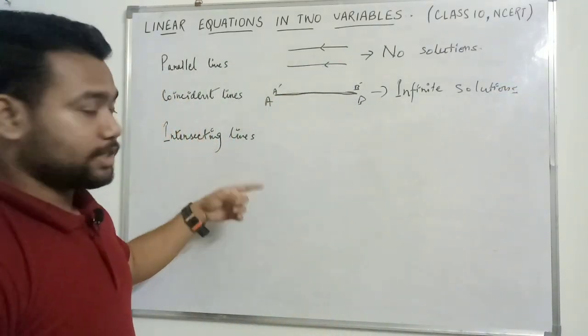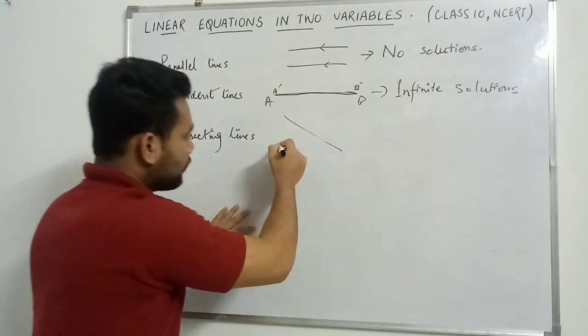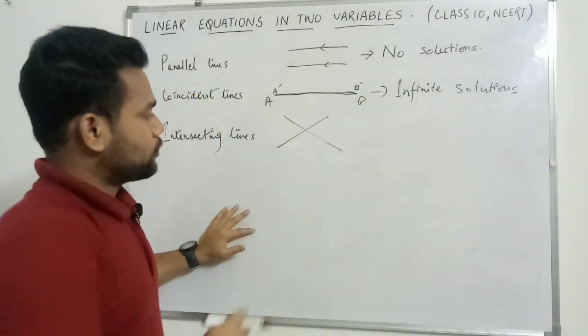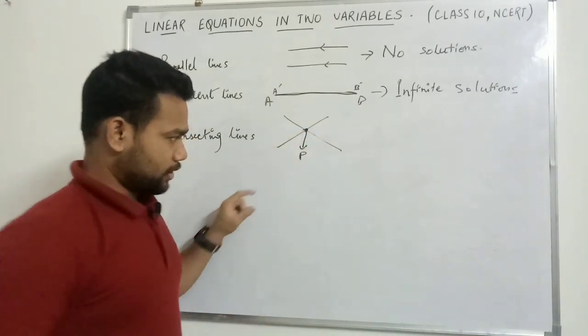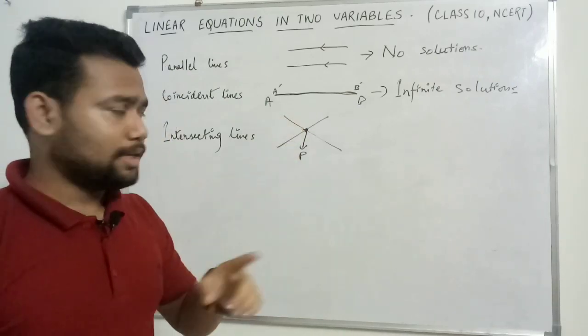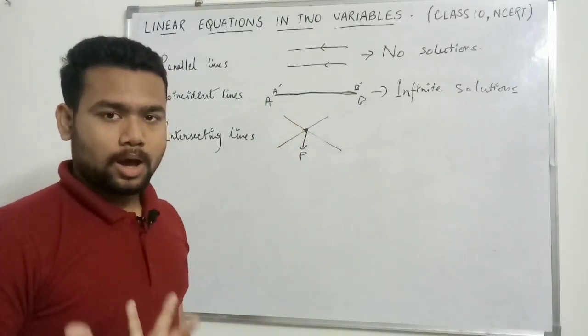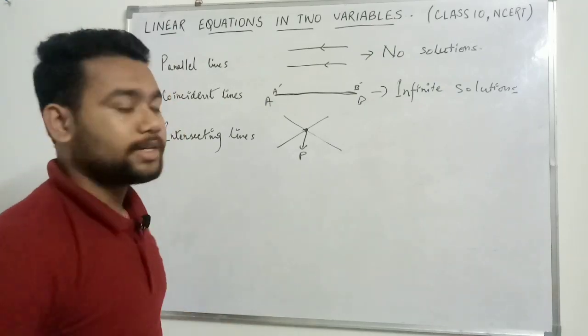So let's go for the intersecting lines. Suppose this is a line and this is another. Intersecting means the intersecting point is here, right? So how many roots are there for these intersecting lines?